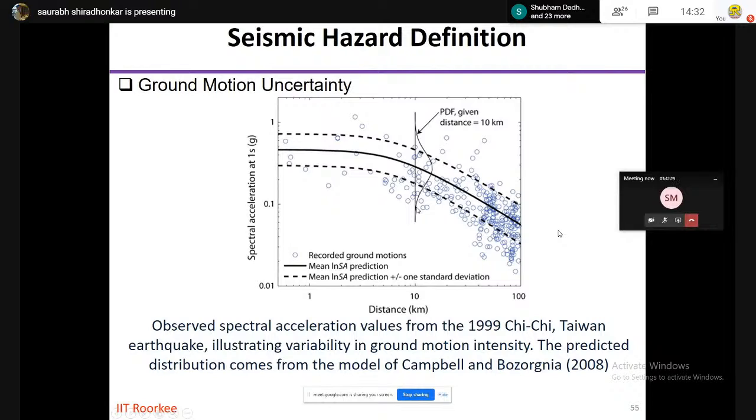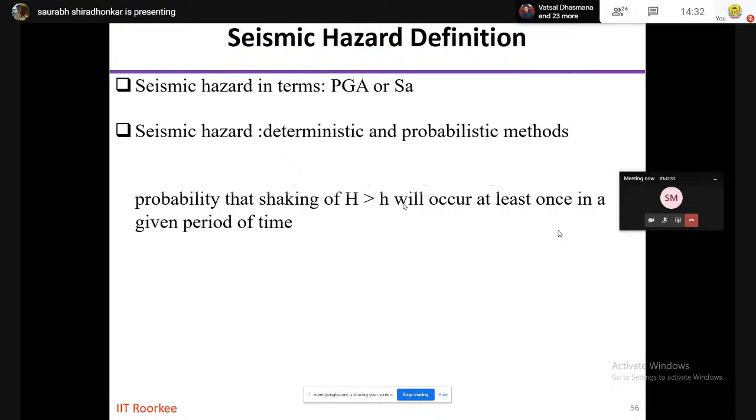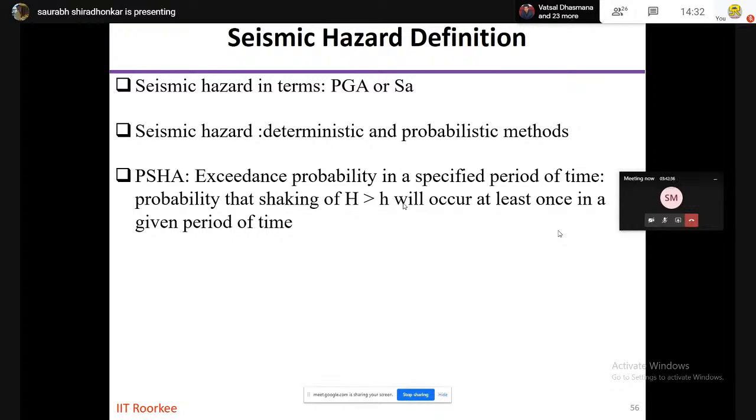It means that my ground motion is uncertain. Seismic hazard definitions are calculated using probabilistic seismic hazard assessment, and it is expressed either in terms of the peak ground acceleration or in terms of the spectral acceleration. I have already mentioned PSHA. There is another method which is called deterministic seismic hazard.